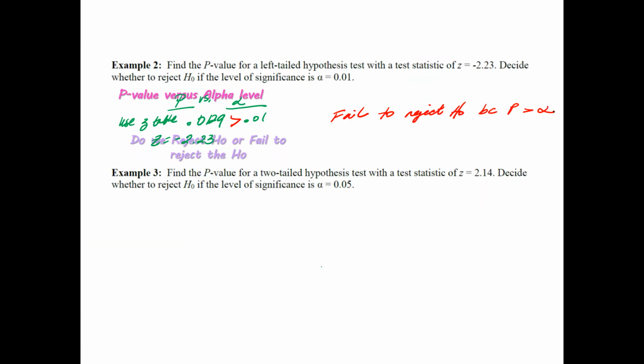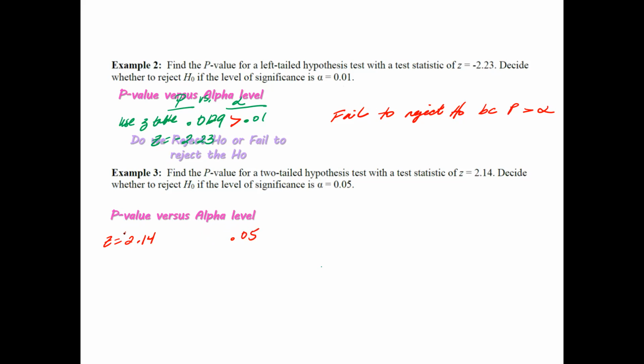All right, let's take a look at example 3. It says find the p-value of the two-tail hypothesis test with a statistic of z equals 2.14 and the alpha of 0.05.